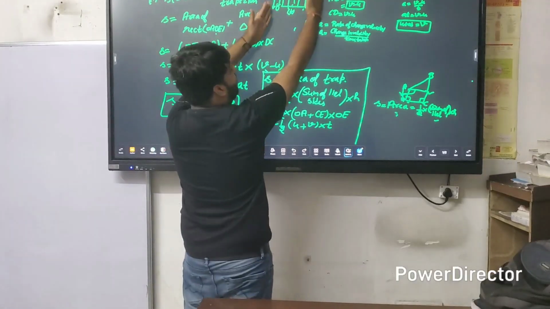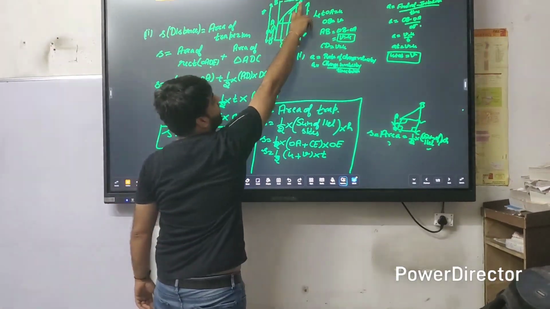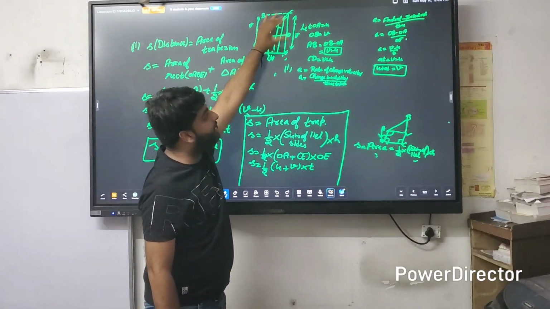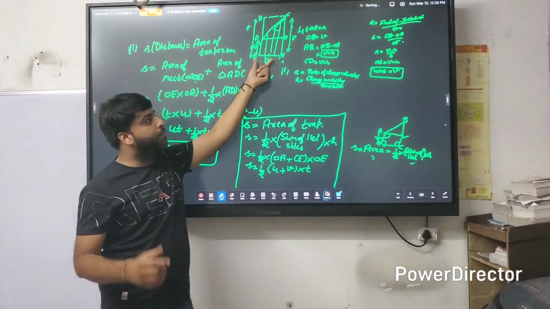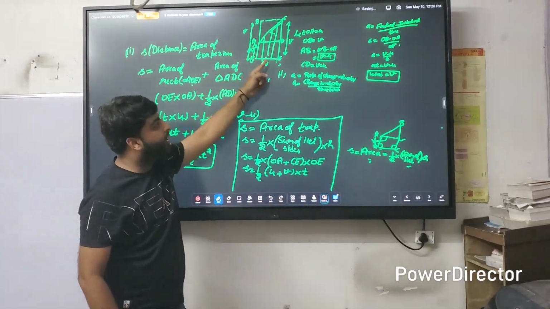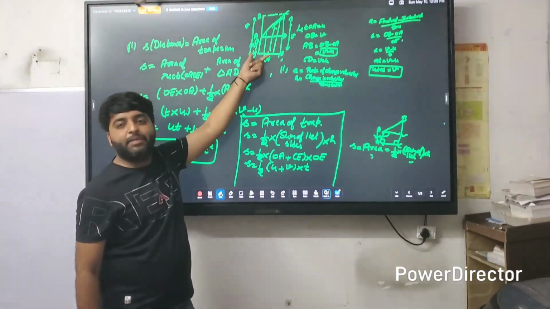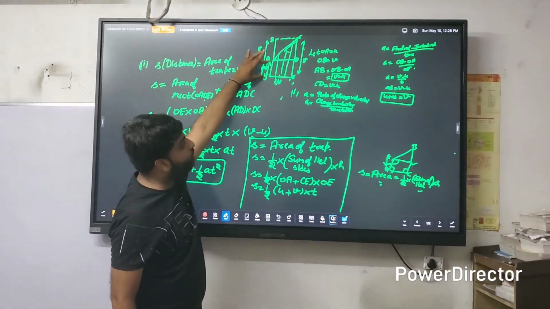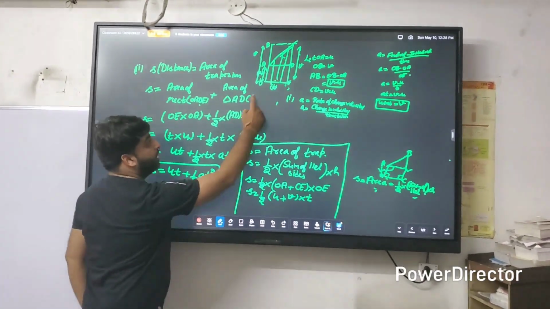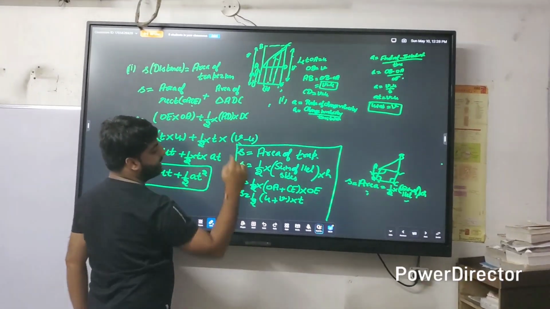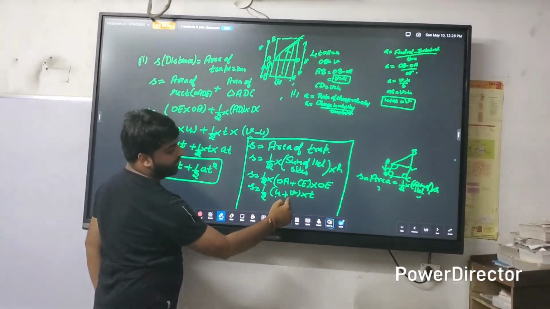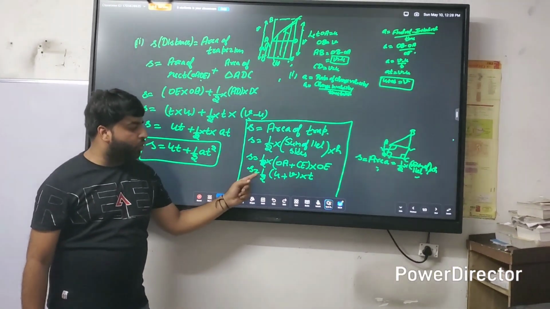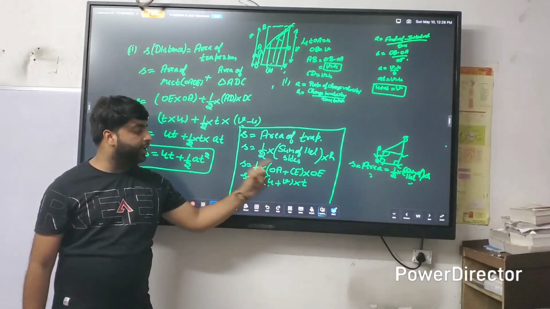In the whole trapezium, OA and CE are the parallel sides, and the line which is perpendicular to both represents the height. So OE is height, and parallel sides are OA and CE. OA is u, CE is v, and OE is t.